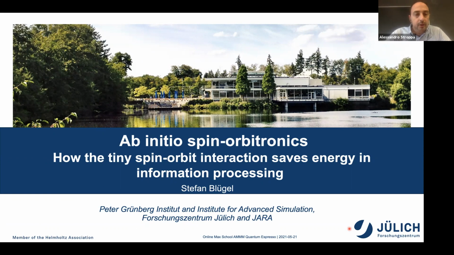Professor BLÜGEL obtained his PhD in physics in 1988 at Aachen University, followed by a postdoc position at the University of Tokyo in Japan. Since 2002, he is director of the Institute of Solid-State Research at Forschungszentrum Jülich, in the Department of Quantum Theory of Materials, and he is also professor for theoretical physics at Aachen University.